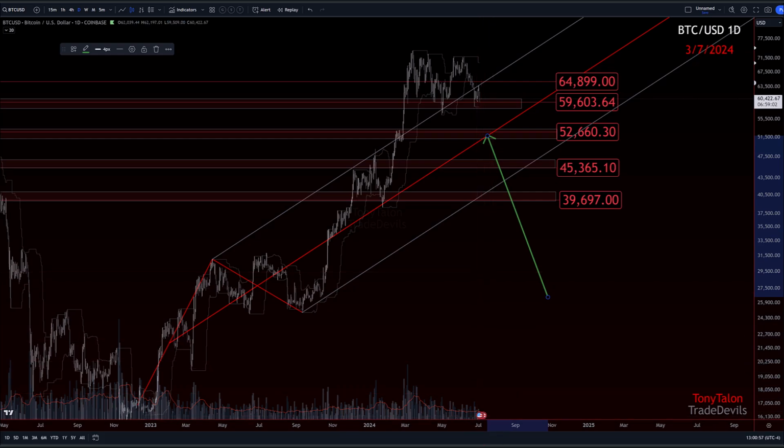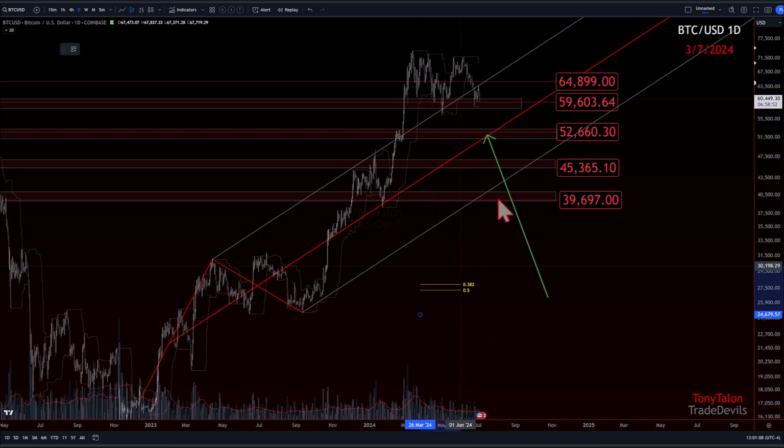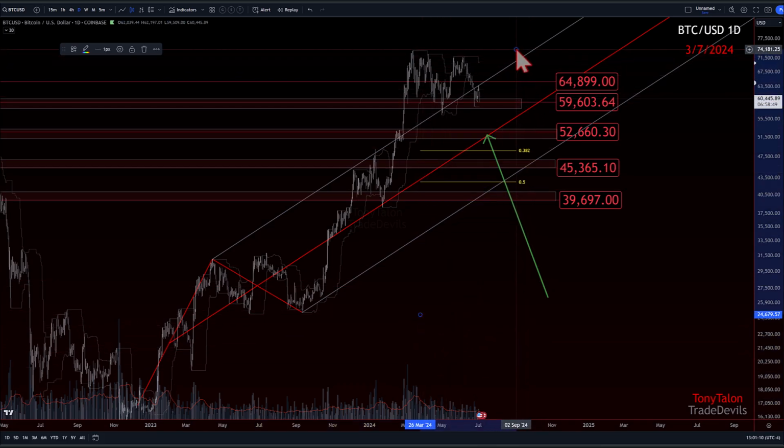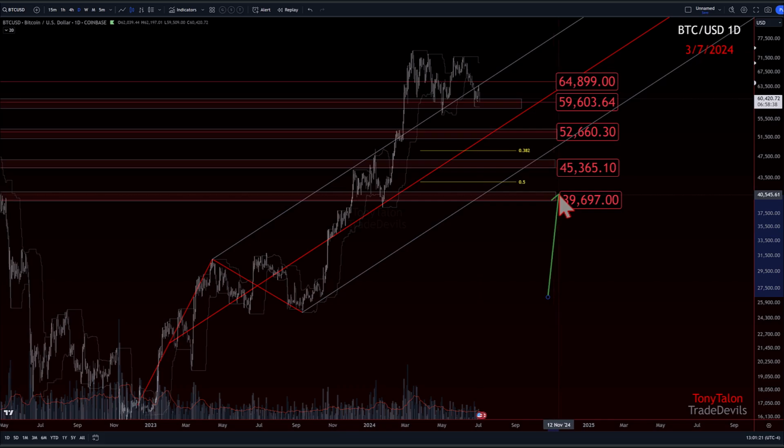Again, we'll have to see how it all works out. As far as the count goes, if we think this is part of the way forward, this larger degree, we could come down to the 5382. There is some discrepancy between log and arithmetic as to where that actually is. So we could be coming back down here. If this is a wave 4 of the lesser degree, a wave 4 of the larger degree can come down here and find support, and that's down at 40K, and usually it's at the termination point.